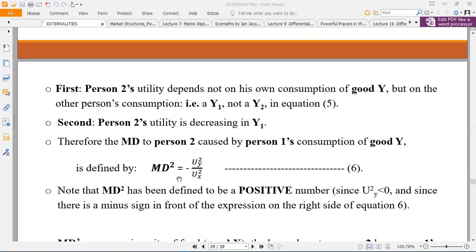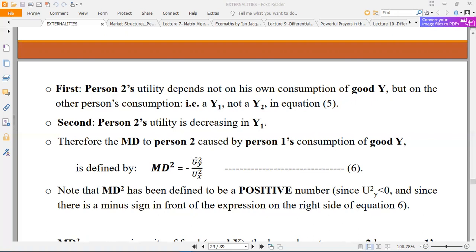And this marginal damage is described by negative U2y over U2x. In other words, it's the negative marginal utility of good y for individual 2 divided by the marginal utility of good x for individual 2. You see the negative here. This whole ratio is going to be positive.